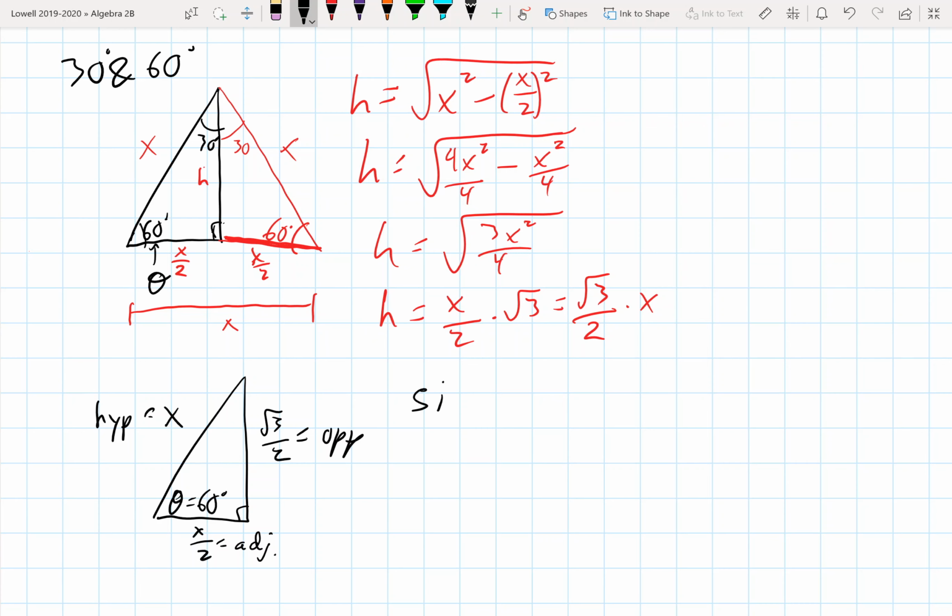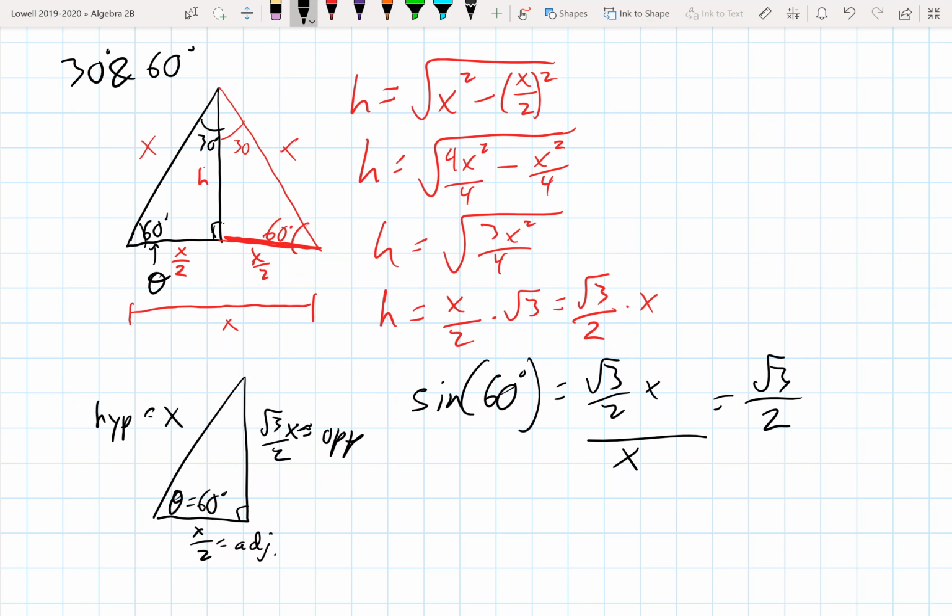So now I know that sine of 60 degrees is equal to root 3 over 2 x divided by x, which, as you can see, simplifies down to the square root of 3 divided by 2.